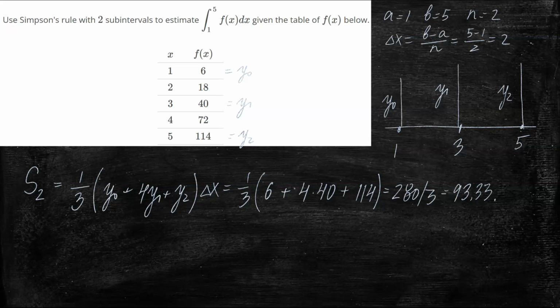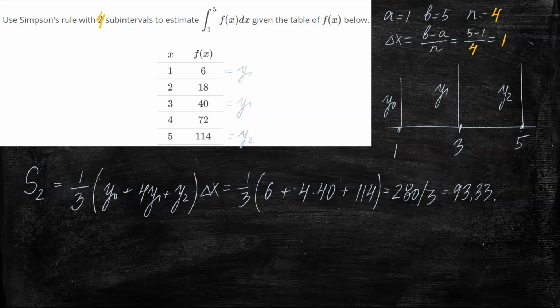So let's do the same problem, but let's make it more intervals. So let's make it 4 subintervals. Now, if we're going to make it 4 subintervals, let's see what's going to change exactly. N becomes 4. So now we have 5 minus 1 over 4. That's 1.